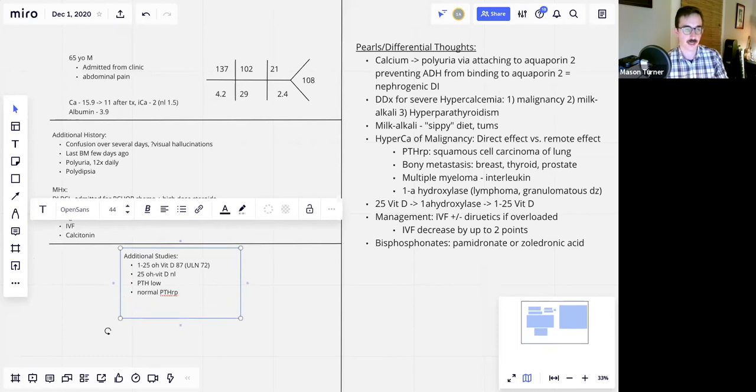He wasn't a candidate for other chemos, but we gave him the high-dose steroids and saw somewhat of an effect in his calcium downtrending, as we mentioned.